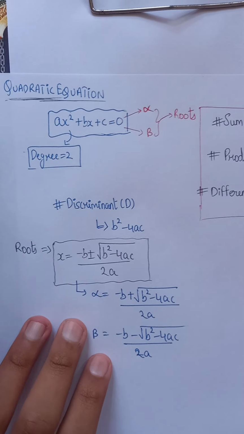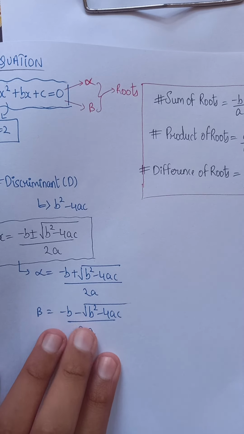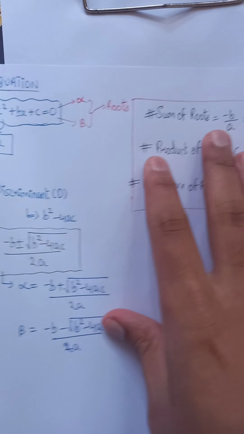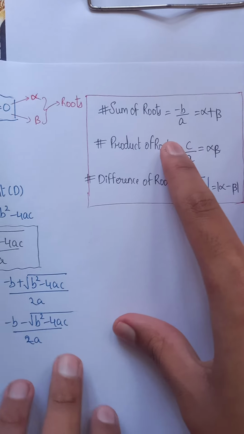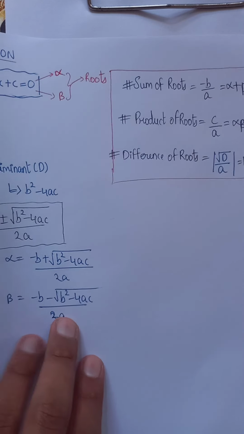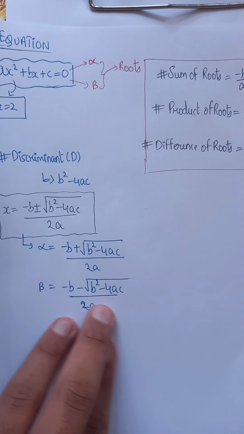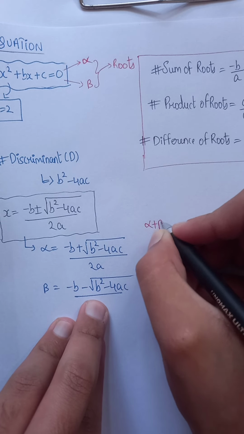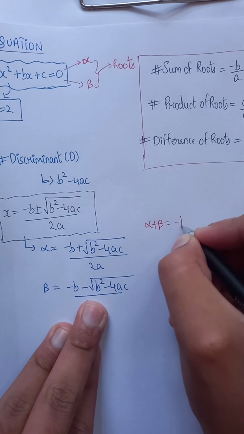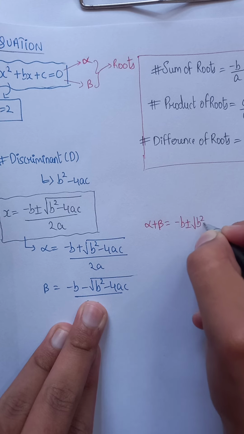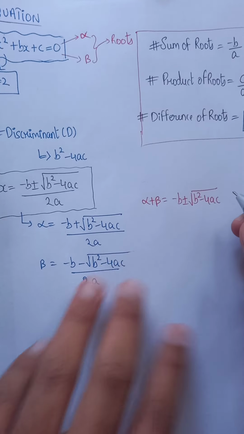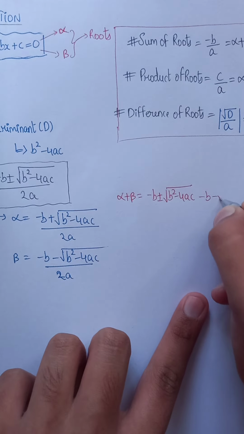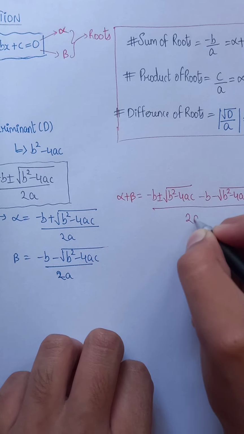Yes. Now you can solve this, suppose I'll explain it to you. See here, the sum of the roots alpha plus beta is equal to minus b by a. How minus b by a? Just put the formulas here: minus b plus root over b square minus 4ac, see, the denominators are same, and minus b minus root over b square minus 4ac, whole divided by 2a.